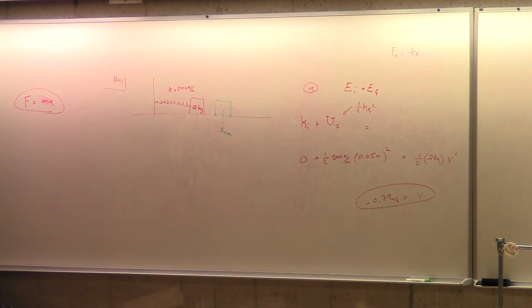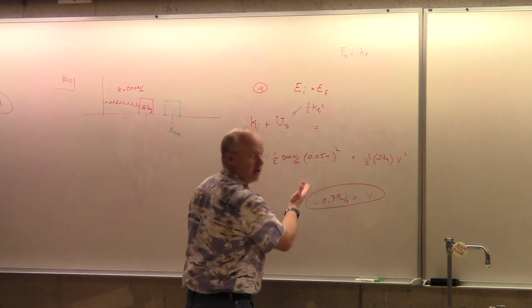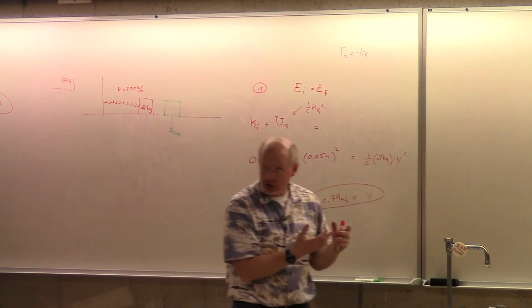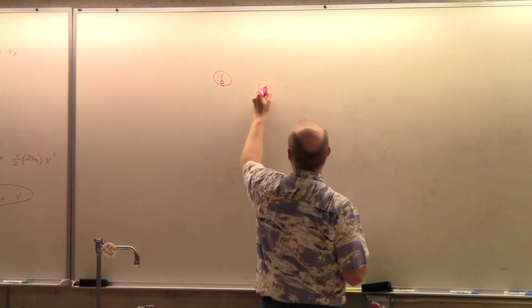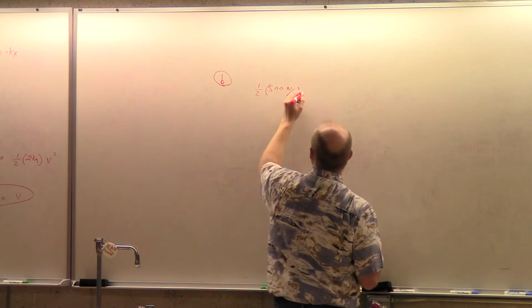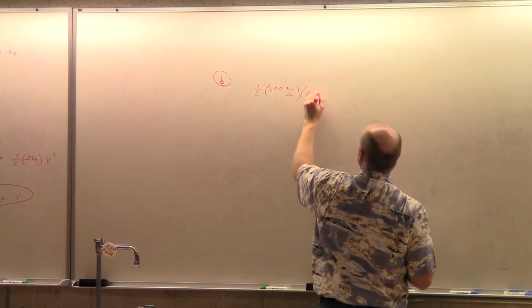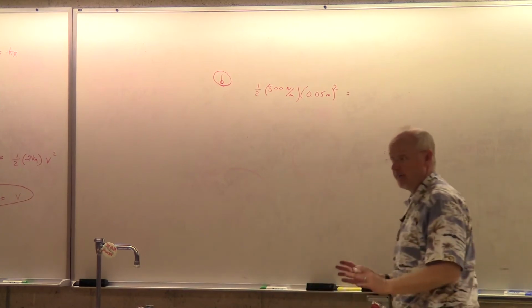Then I can get into B, and B is what I wanted you to see. How would it change? I think you will realize that this part would still be the same, wouldn't it? We start here with initial energy, which is 1/2 times the 500 newtons per meter times the 0.05 meters squared. So that's still the same.